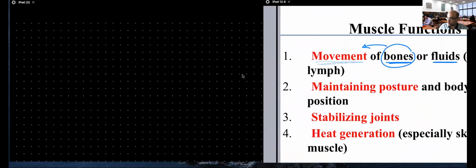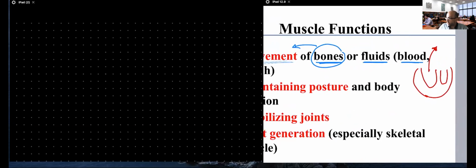Like what fluid to move? Like the blood, for example. If my heart is not contracting, I am not able to pump the blood to reach my organs. So here, if I don't have muscular contraction, the blood won't be flowing into my vessels.